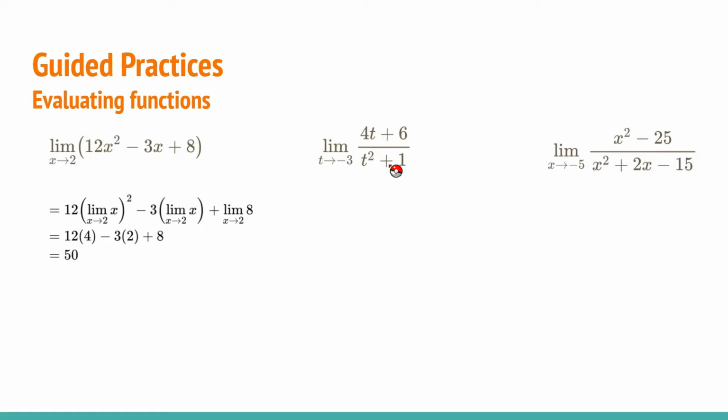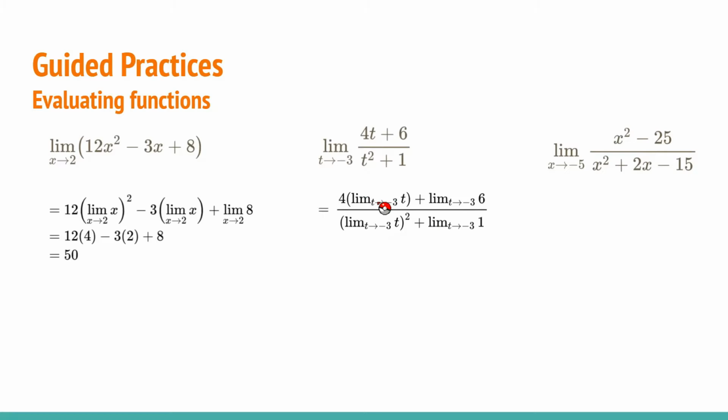Next, we have the limit of 4t plus 6 over t squared plus 1. So we can use the division law to separate them. We have to individually find the limits first of the numerator and the denominator. So for the 4t, we can use the constant multiple law to move the 4.